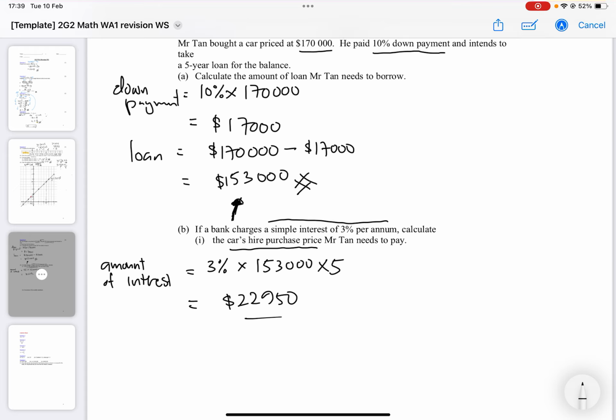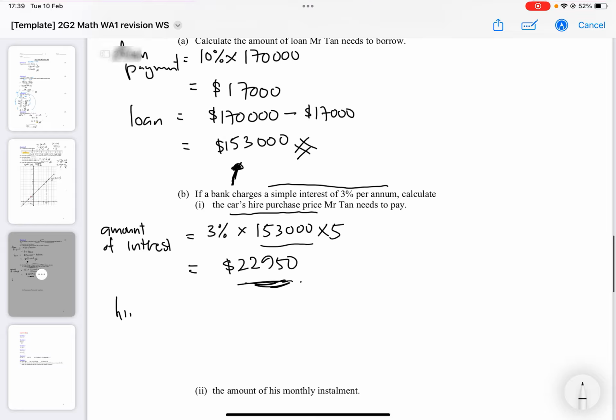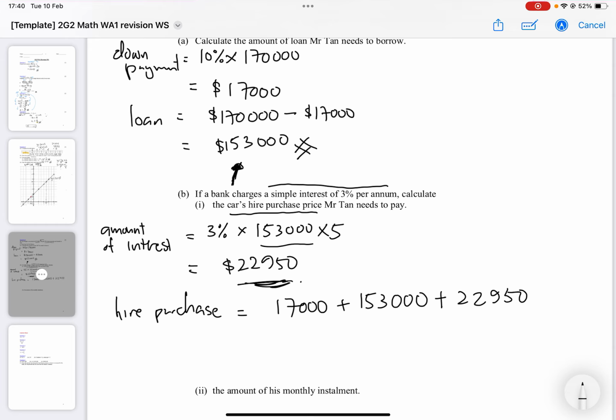So this is the amount of interest that he has to pay on top of the 153,000 that he borrowed. So the hire purchase price, altogether how much does he pay? He paid the deposit of 17,000, then he needs to pay the loan he borrowed, and then for borrowing this money, he needs to pay the 22,950.